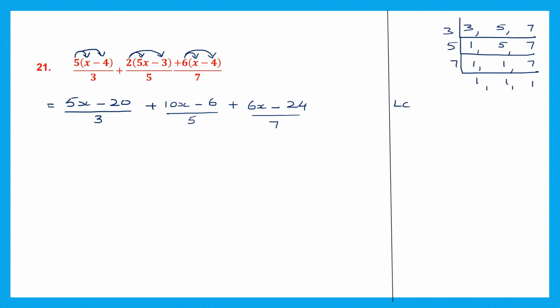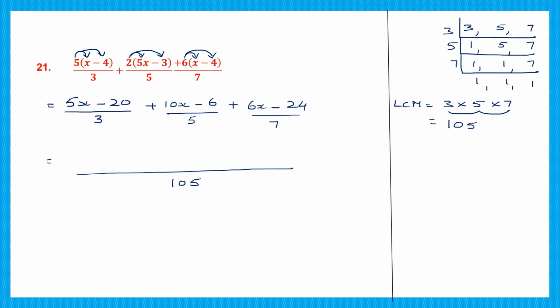So the LCM is 3 into 5 into 7. So 3 5s are 15. 15 into 7 is 105. So that is our LCM which we are going to use here now. 105 we're going to use as the common denominator.